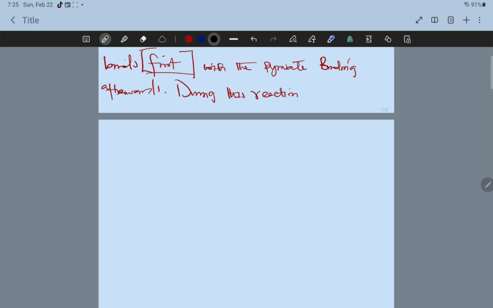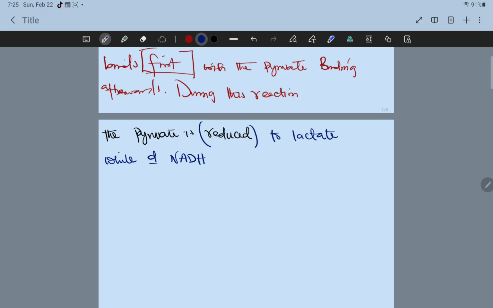The pyruvate is being reduced to what we call lactate, while the NADH is oxidized to NAD plus by the enzyme.